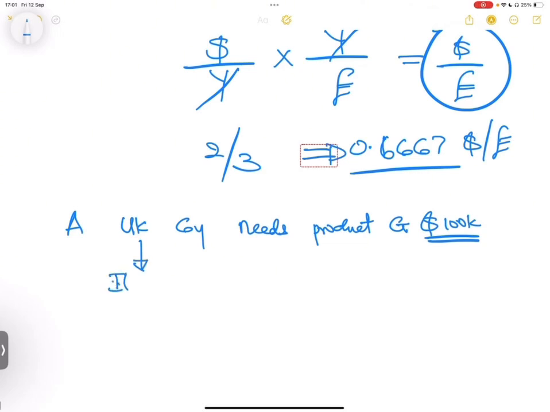That UK company has a subsidiary in, say, Germany. So if the subsidiary is in Germany, that's the investment.